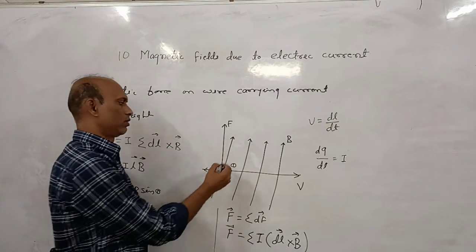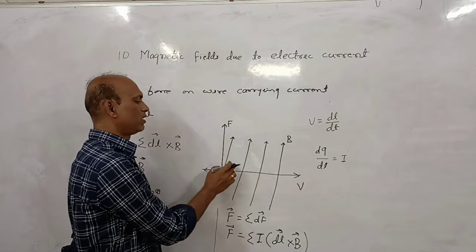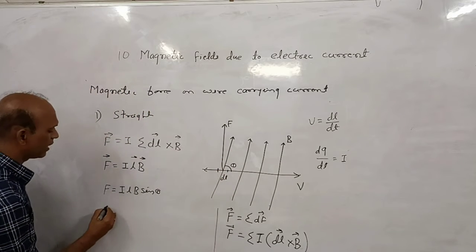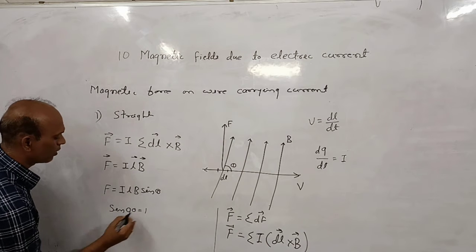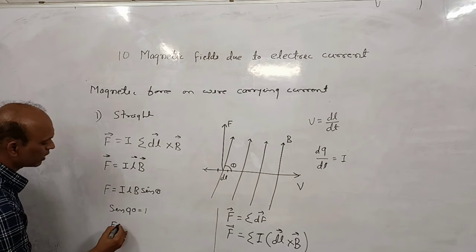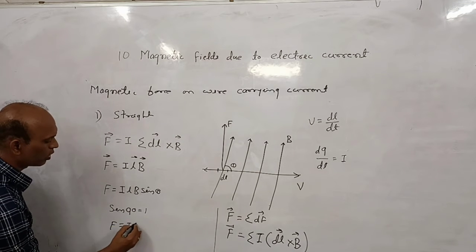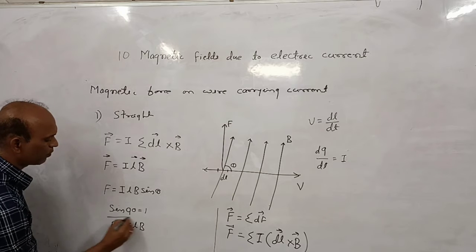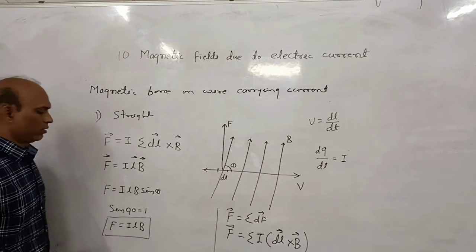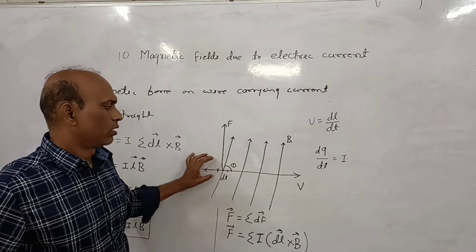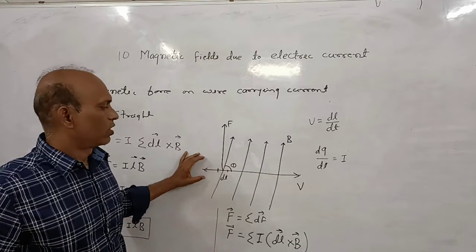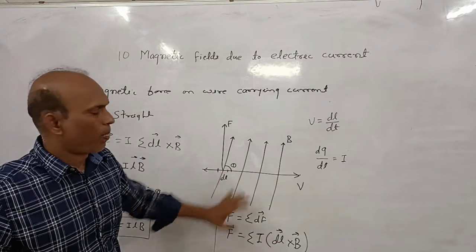In case this angle is 90 degrees, sine 90 will become 1. So this equation will become F is equal to I L B. So this is the force acting on a straight current carrying conductor.